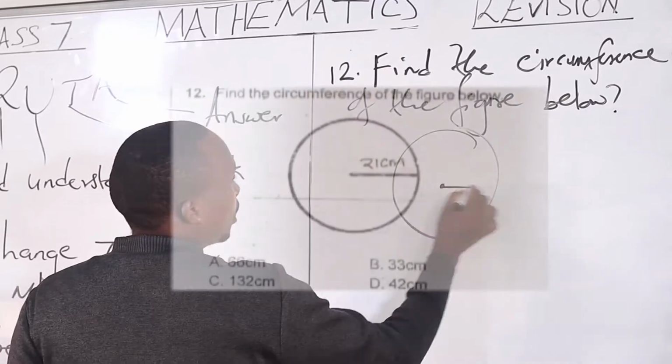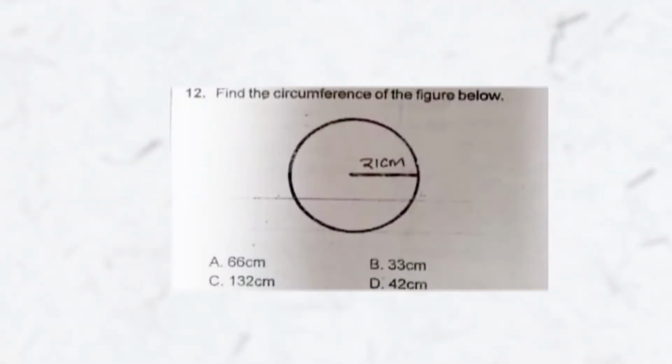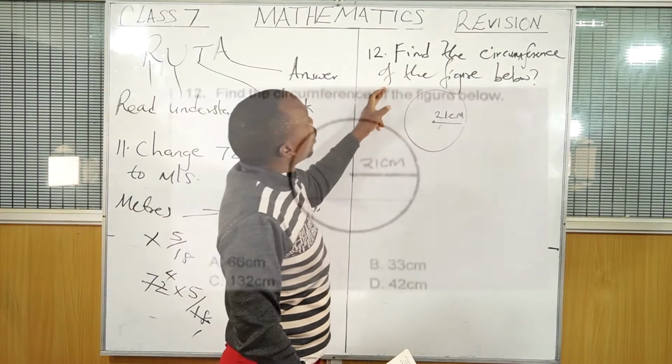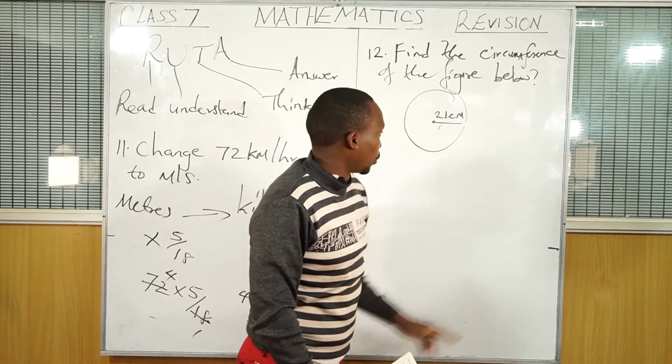So now, this one is 21 centimeters. Okay, class, you are supposed to use the formula that is ROUTA. R for reading. Let's all of us read. Find the circumference of the figure below.